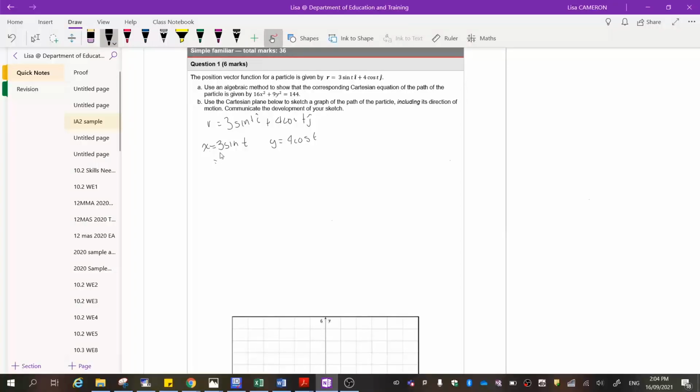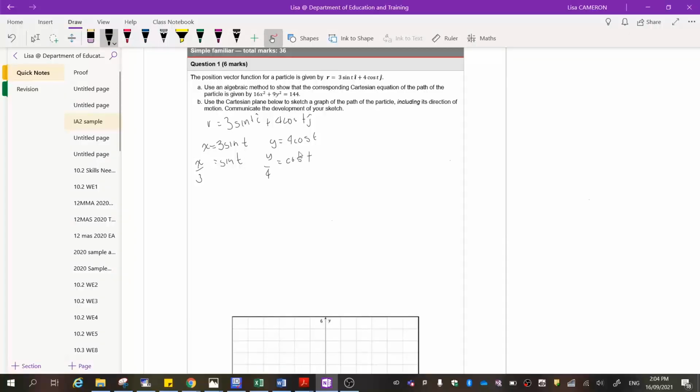Now we can rearrange this to get them both in terms of t, because both these functions have either a sine or a cos of t. So if we rearrange it, we have x over 3 equals sin t, and y over 4 equals cos t.